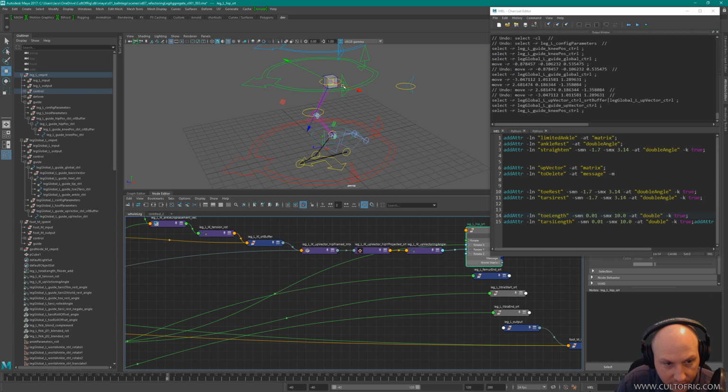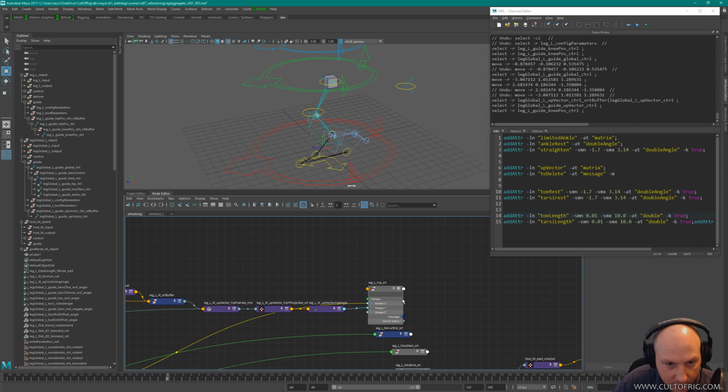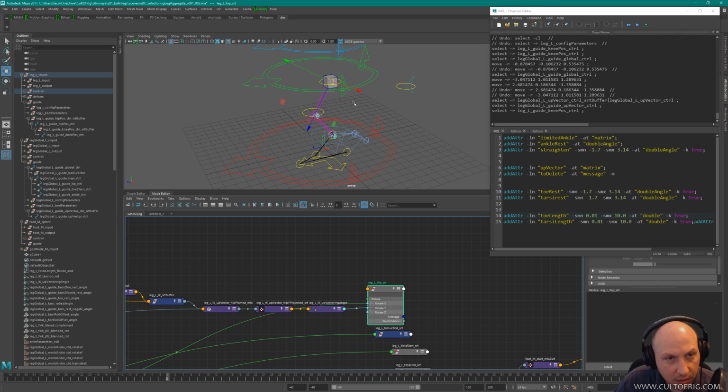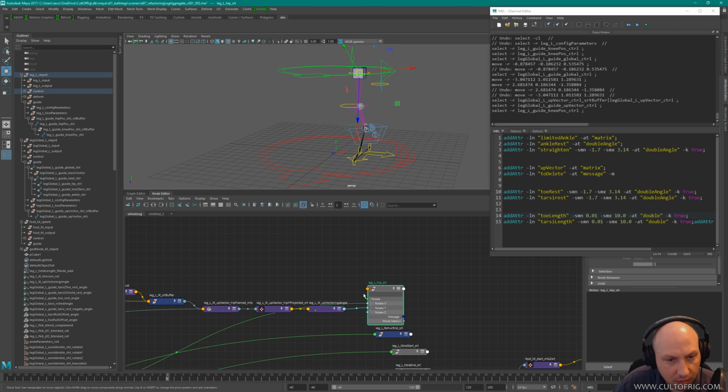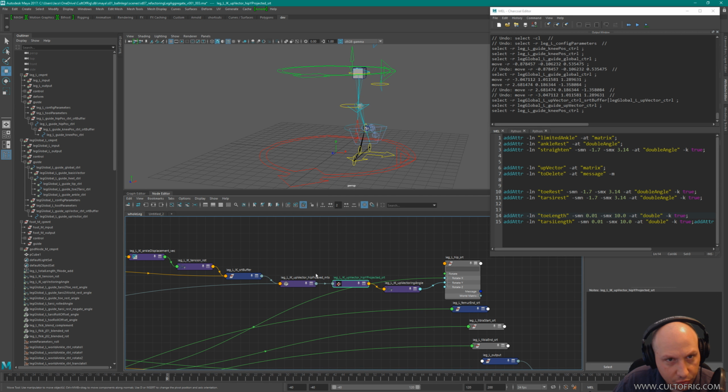So the x is coming from the expression, I believe. It should. Yes, that's my expectation. The y, no, I think we did project. Yes, very good. I like that.